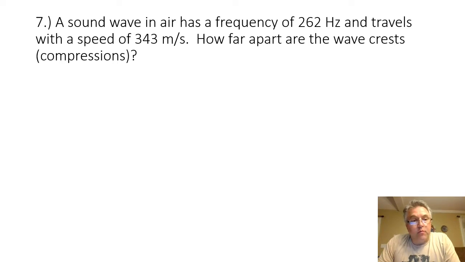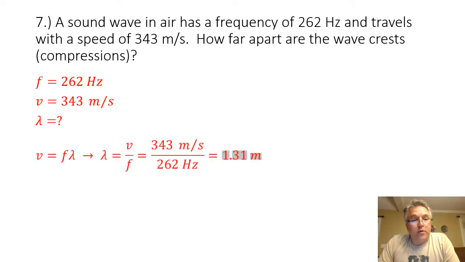So in this problem, we are given the frequency of 262 hertz. We are given the speed of the wave at 343 meters per second, and we're being asked to find the wavelength. We're going to start with our wave speed formula, v equals f times lambda.